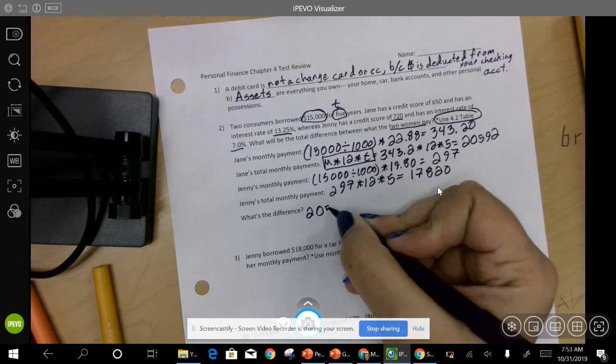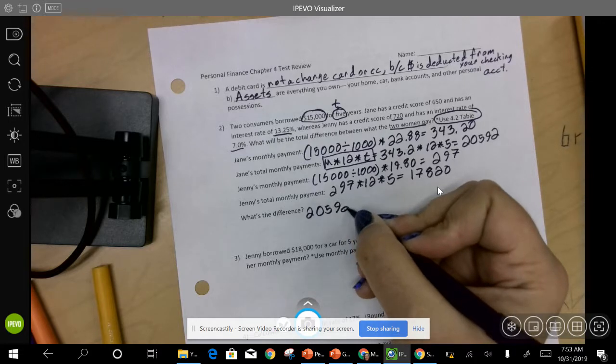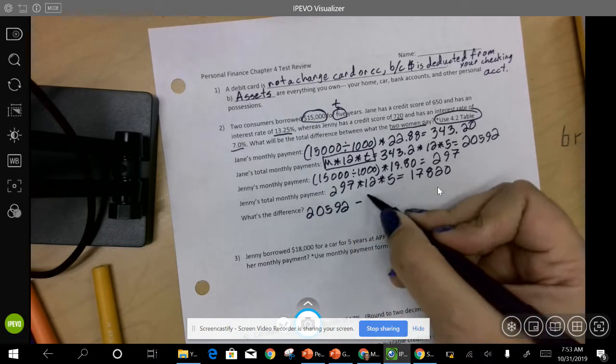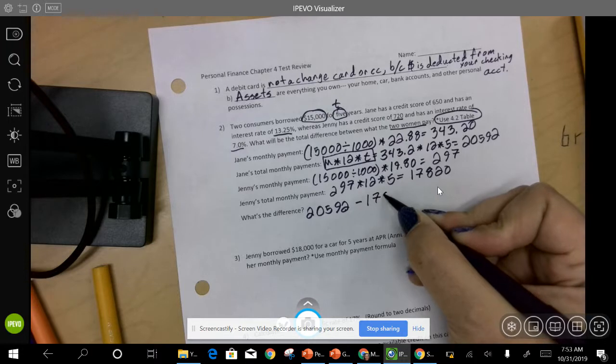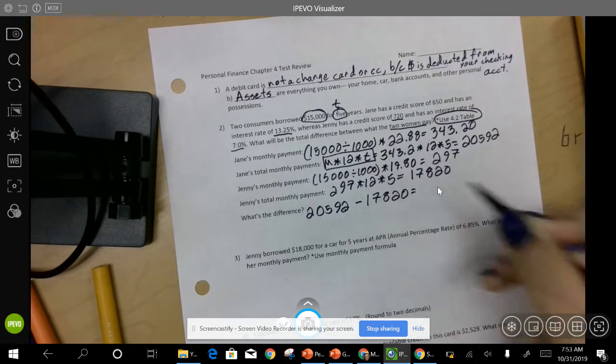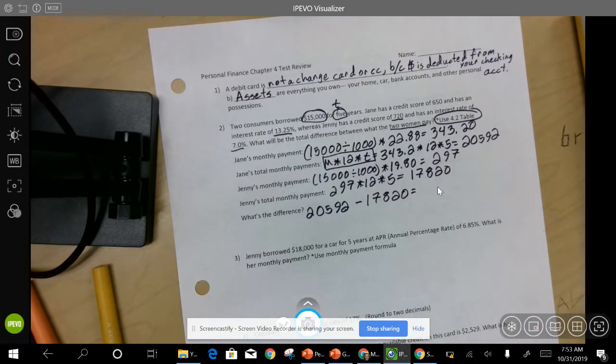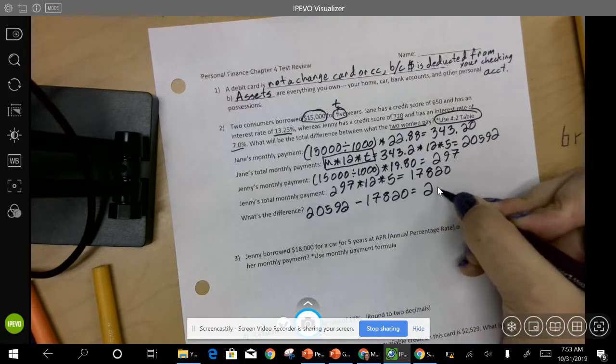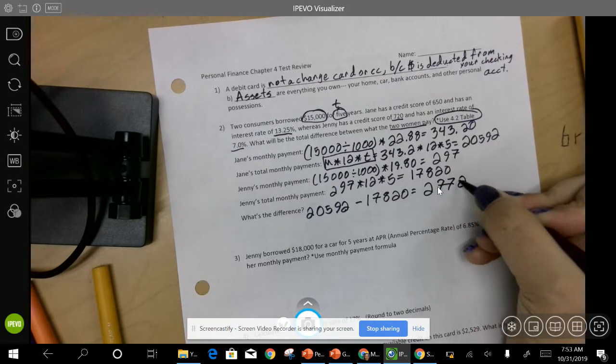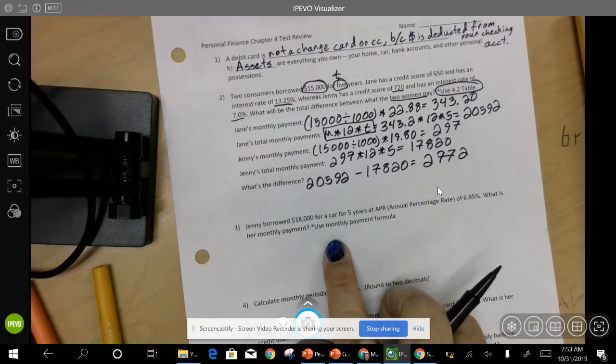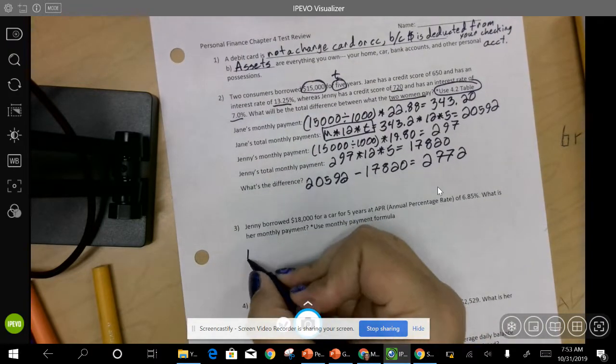The 20,592 that Jane paid minus Jenny's total. So we get 2,772.